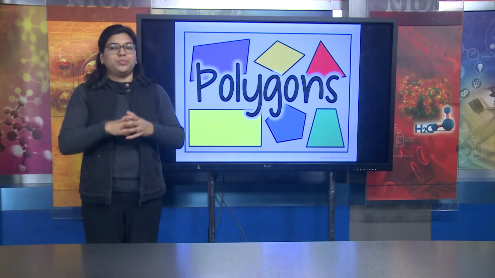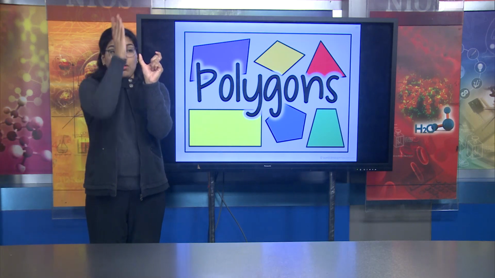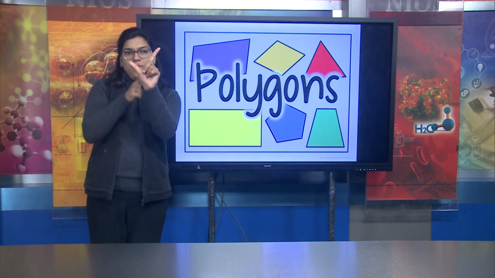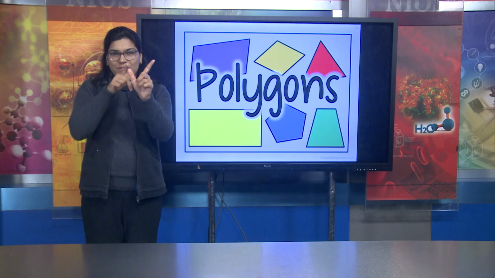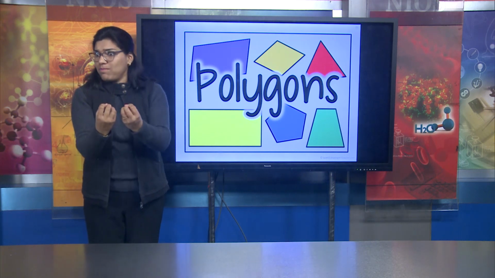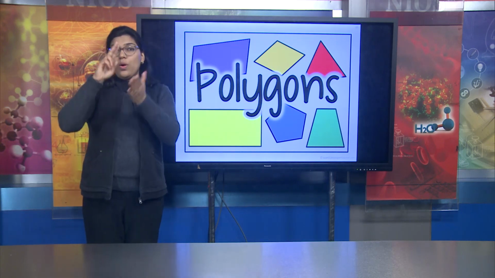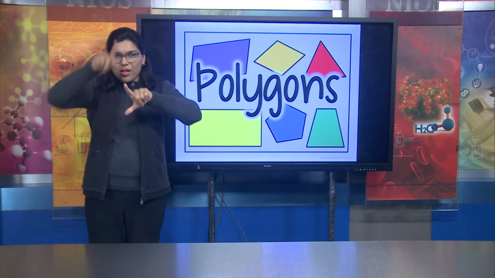Now we would be focusing on the word polygon. If we divide this word polygon, then we get two words. The word P-O-L-Y, poly, means many. And the other part of the word, which is G-O-N-S, gons, means lines.